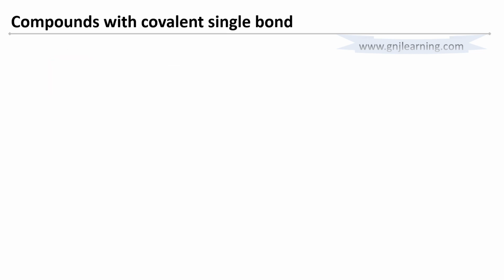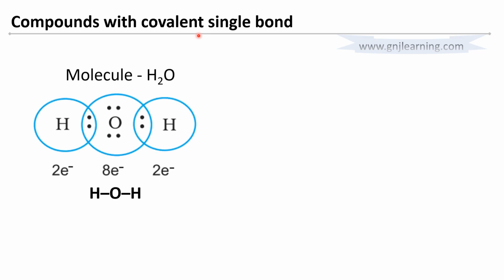Now let's look at compounds with a covalent single bond. We have seen chlorine as an example. Now we are going to see compounds. In the case of oxygen, as we have already seen, each oxygen has 6 electrons. To attain stability it requires 2 more electrons, so it attains that stability by sharing electrons with hydrogen.